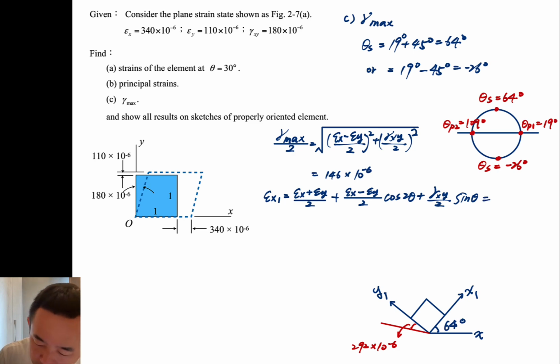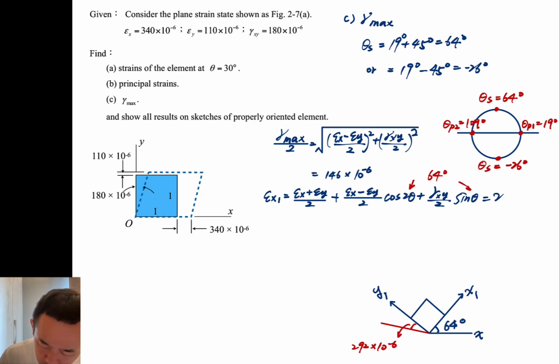So what is theta? Of course, I will substitute 64, right? Actually, you can substitute 64 or minus 26. Both of them are okay, as long as you know where it should be. Okay?